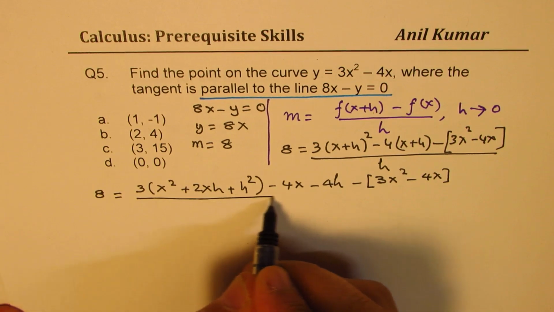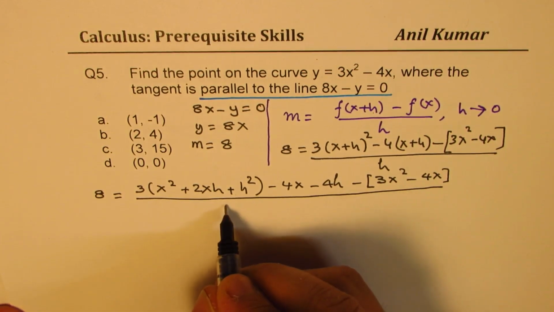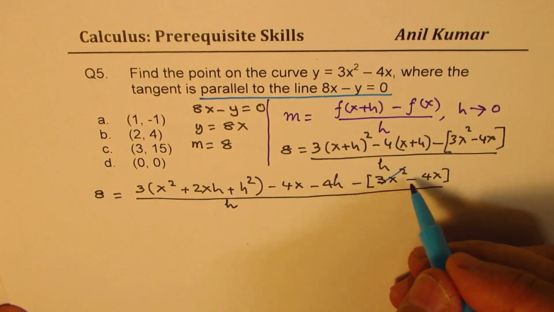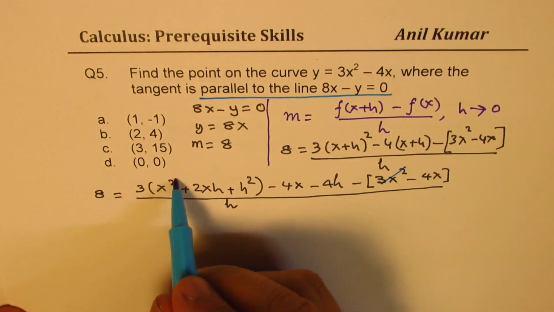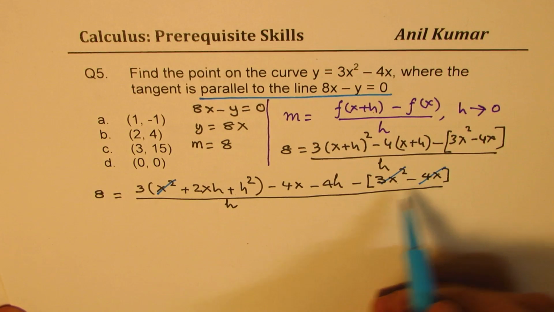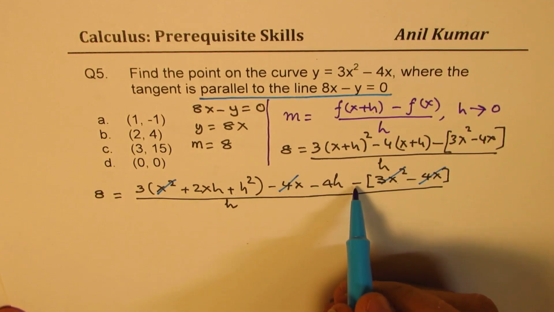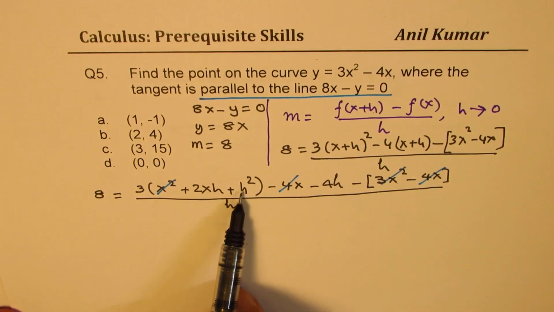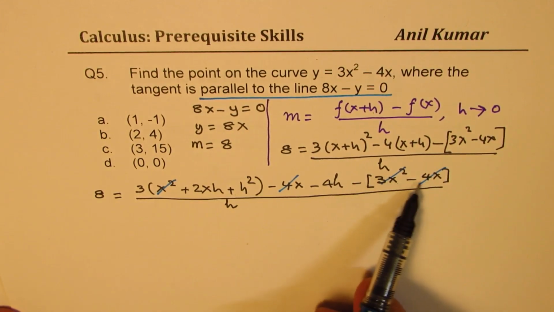Now all this is divided by h. As you can see, these two terms will cancel: minus 3x squared with 3x squared and minus 4x with minus 4x, right? Negative of this. Now the remaining terms will have h common. Do you see that? h common, right?